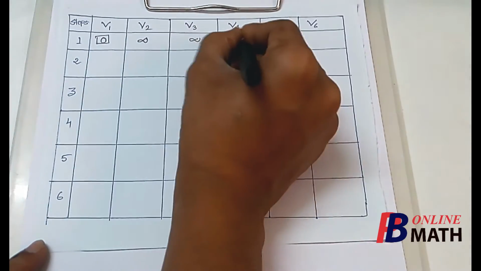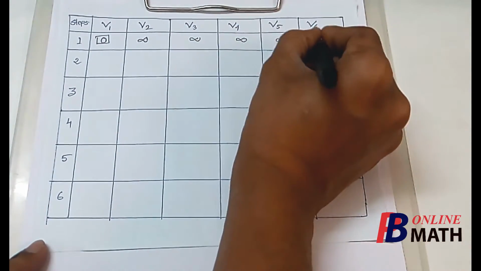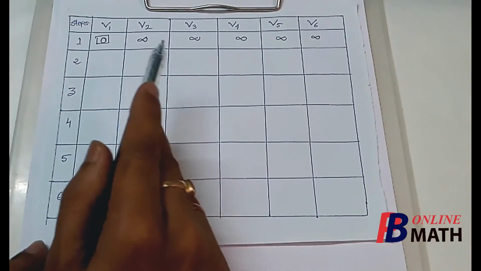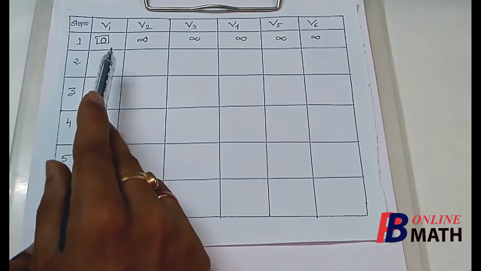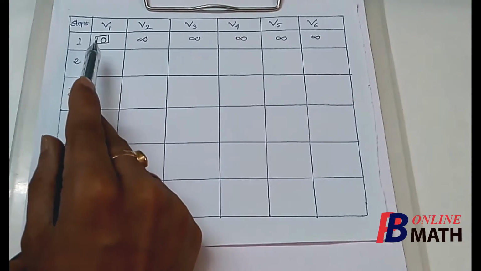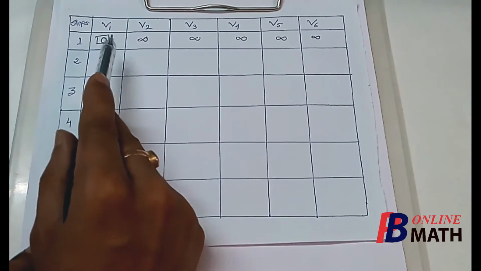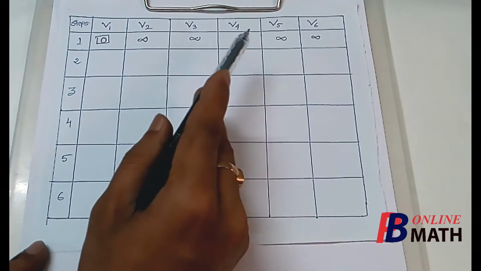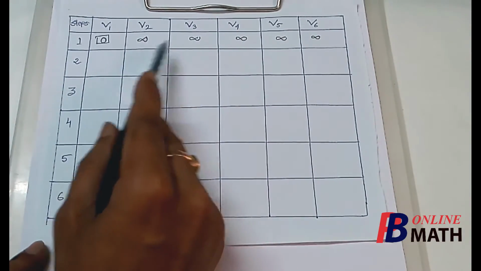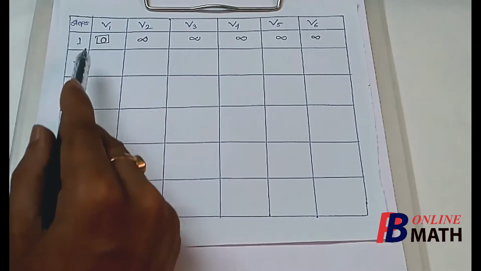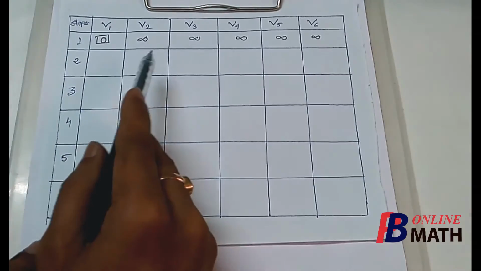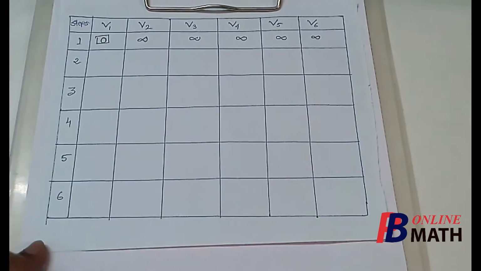So here we are giving the temporary levels to the vertices. Remember, in the first step, the starting vertex or the initial vertex will be given the permanent level 0, and all the remaining vertices will be given temporary level infinity. Now this is the permanent level, so this cannot be changed in the subsequent steps, but these levels can be changed.